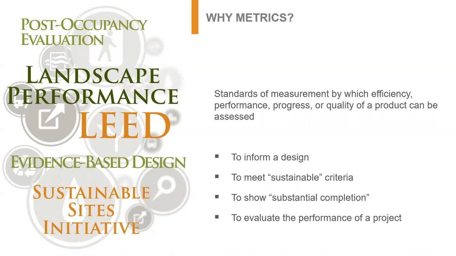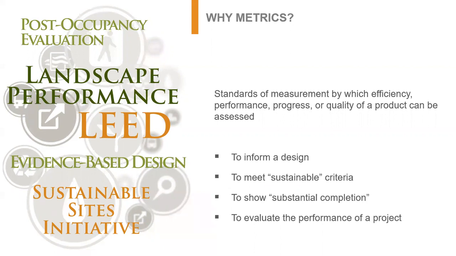Another way that metrics are used in landscape architecture is to meet sustainable criteria. Programs such as LEED or SITES set up specific standards and associated metrics for site performance in areas like waste, water, energy, and more. Another way that metrics are used is to show substantial completion.